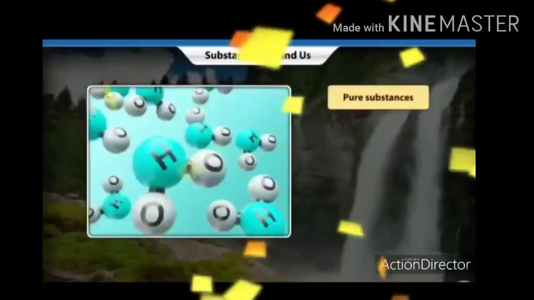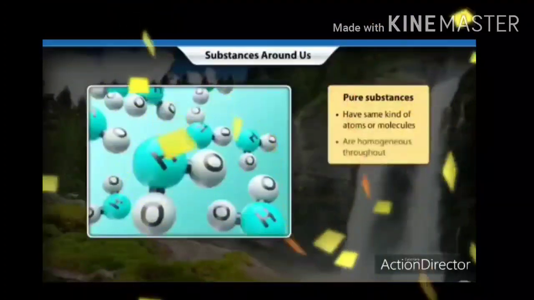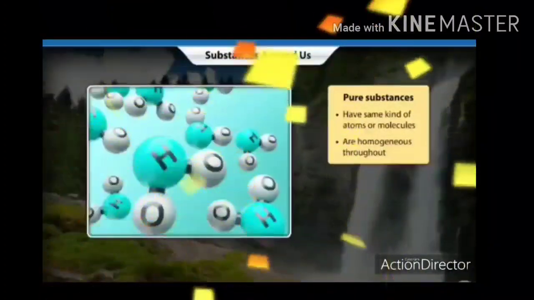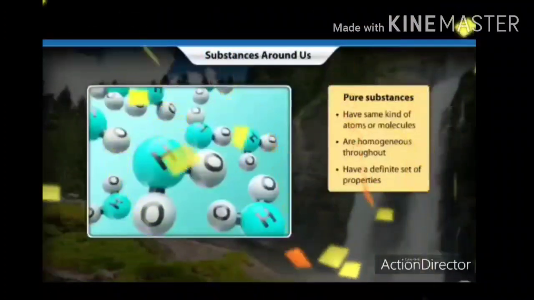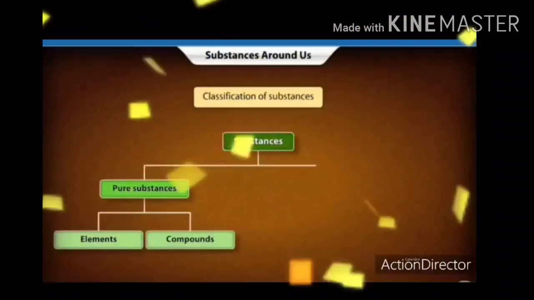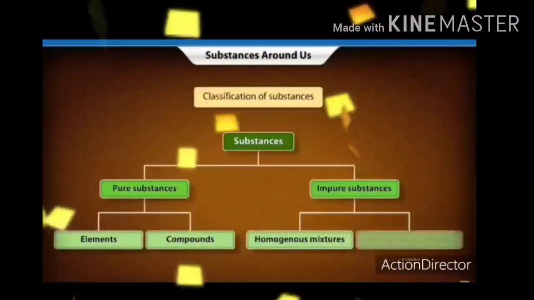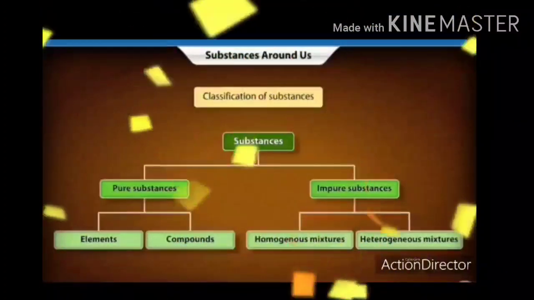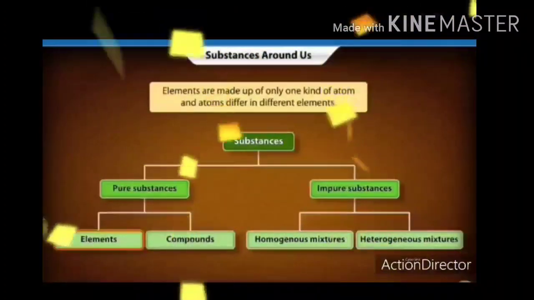A pure substance has the same kind of atoms or molecules, is homogeneous throughout and has a definite set of properties. Substances are classified into pure substances, which are classified into elements and compounds. Impure substances are classified into homogeneous mixtures and heterogeneous mixtures.